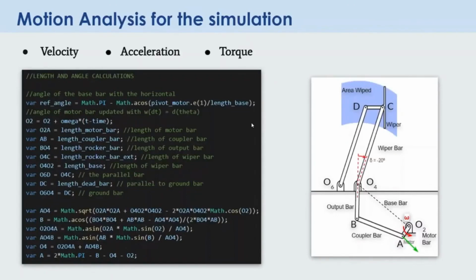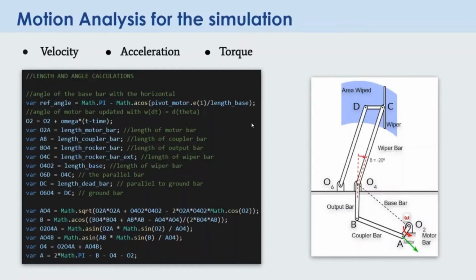As seen in the code given, we have the lengths of the bars of the mechanism, which can be dynamically controlled by the user. As the lengths of the 4-bar mechanism are known to us, we can find all the angles of the quadrilateral. By using sine and cosine laws, we can find the velocity and acceleration.